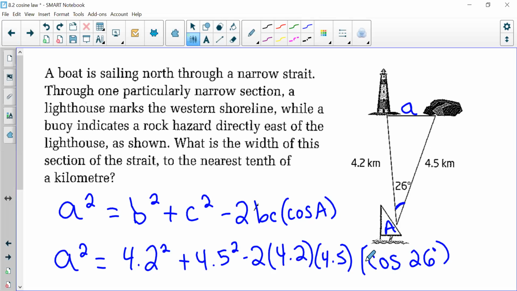So plug that in your calculators. You guys should be experts at that now. 4.2 squared plus 4.5 squared minus 2 times 4.2 times 4.5 times cosine 26.